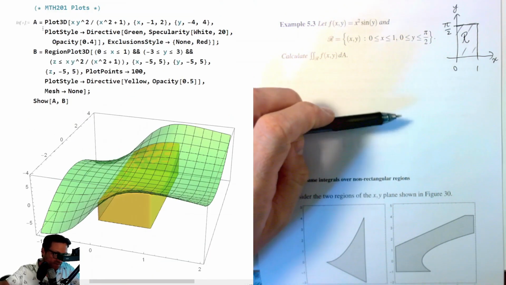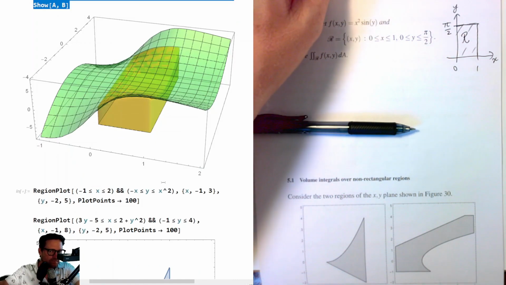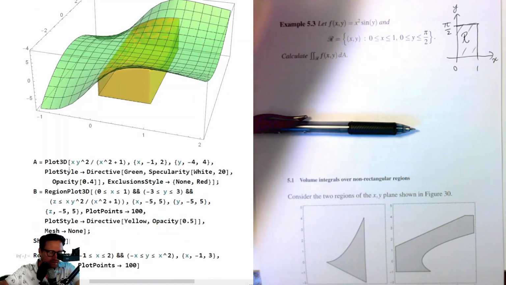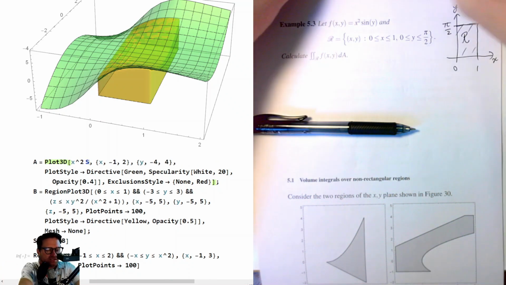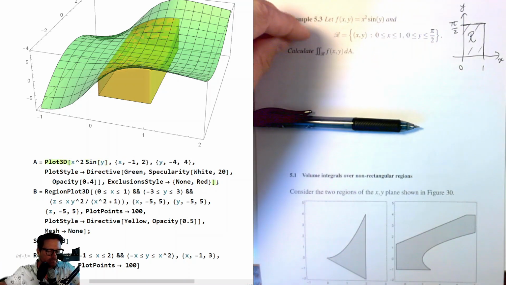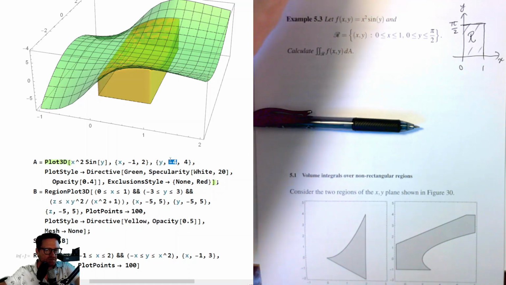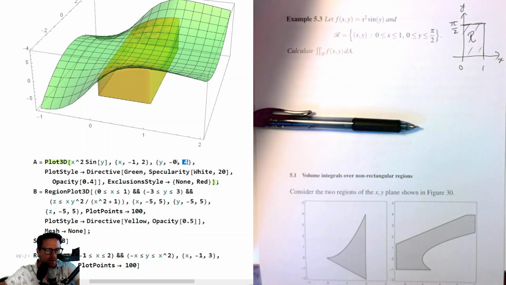Now, can I just copy this code and change things? Probably so. So we may as well go ahead and do that. So our function here is x squared times sine of y. y goes from 0 to pi on 2, but I'll take it from minus 1 to 2 in the plot.